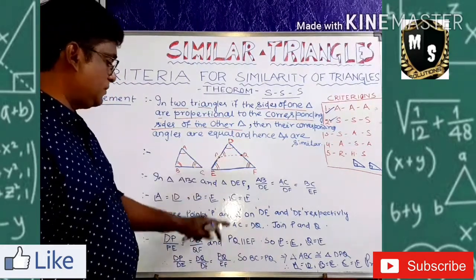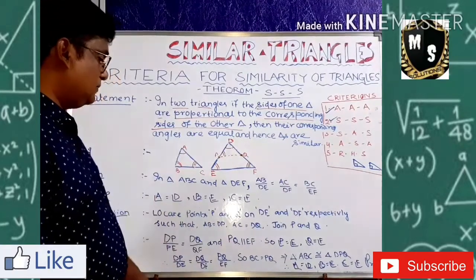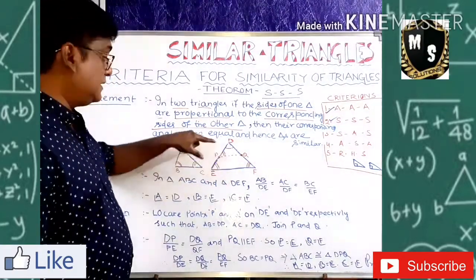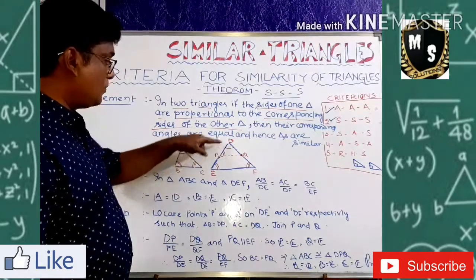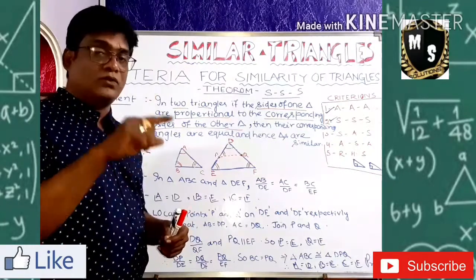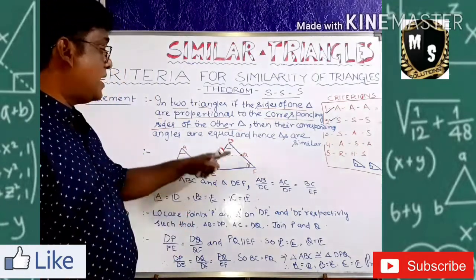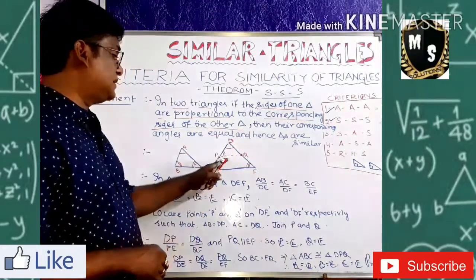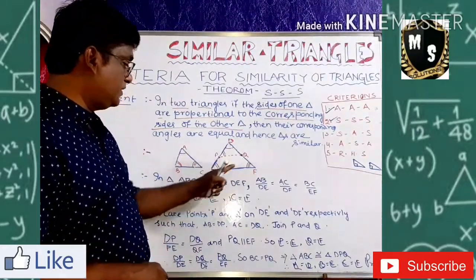Because this line is dividing these sides into two parts. Go to BPT: if a line drawn intersects the other two sides in the same ratio, then compulsorily this line is parallel to the third side. So PQ is parallel to EF.